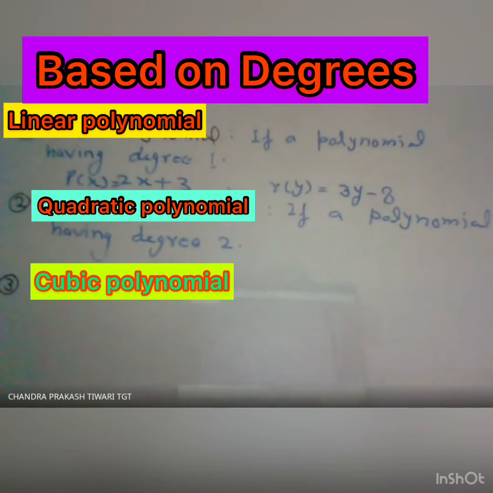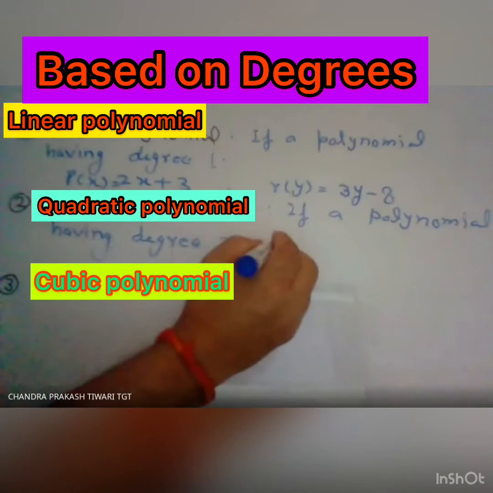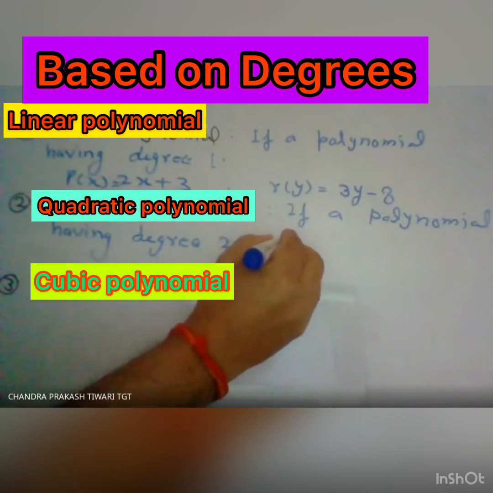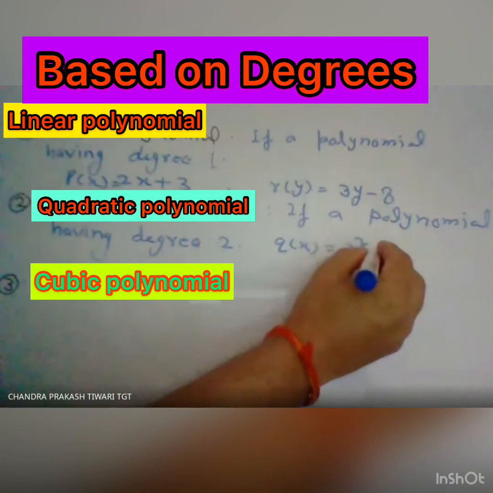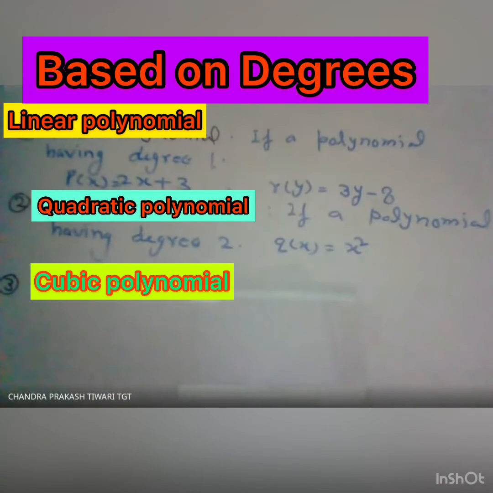For example, if you write here qx equal to x square only, so this is a quadratic polynomial.